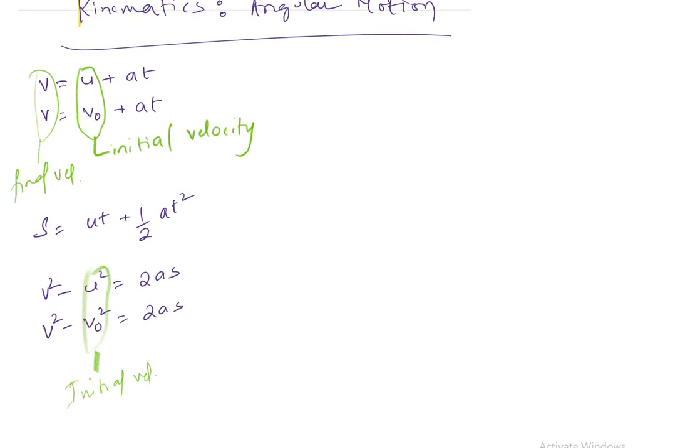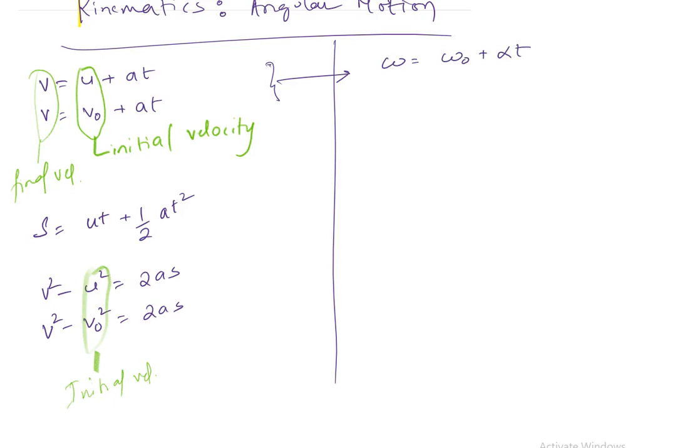Alright, so all of this was for linear motion. In angular motion, we have the exact same thing. We're just changing the terms. We'll say omega equals omega naught plus alpha t.